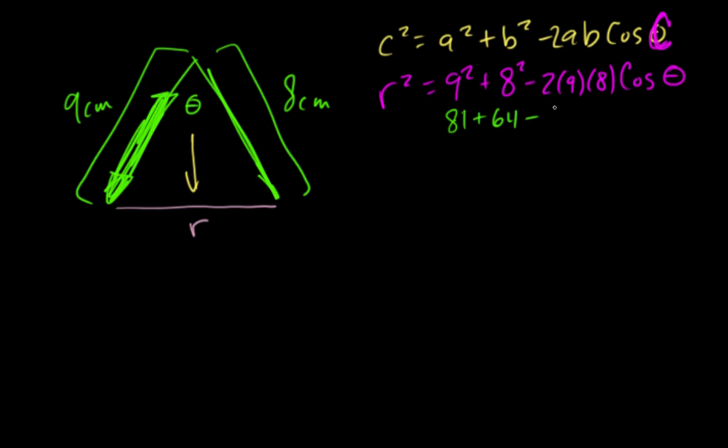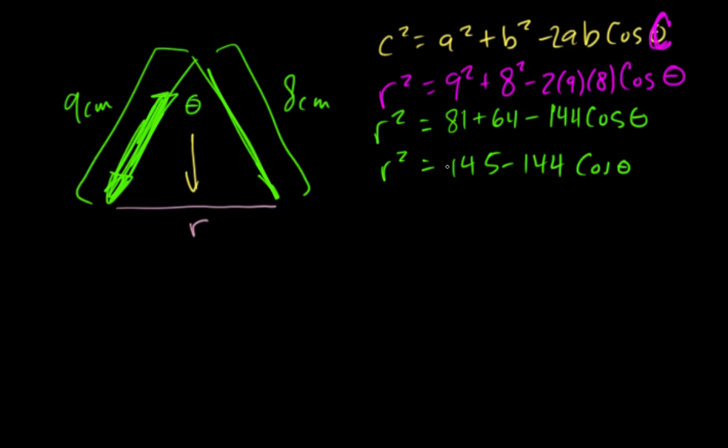So that's 144. Combine those, we get 145. Now, it's really tempting right here just to do 145 minus 144 and get 1, but because of order of operations, we can't do that. So we're just going to solve for r.